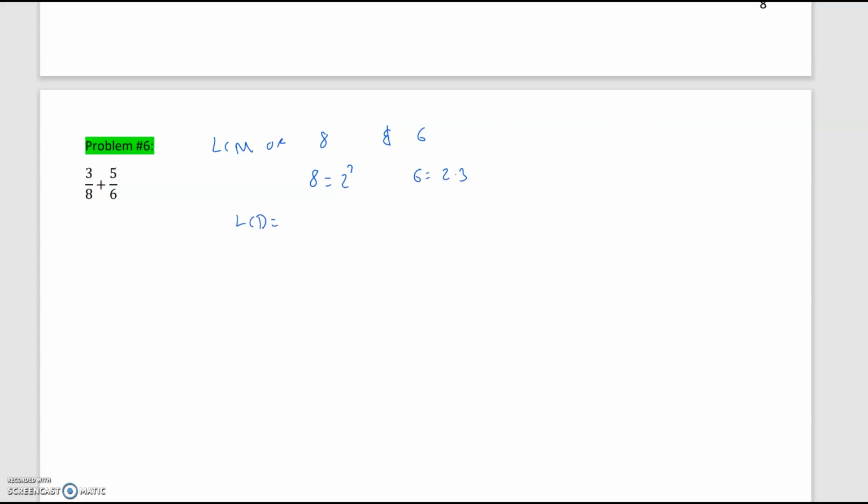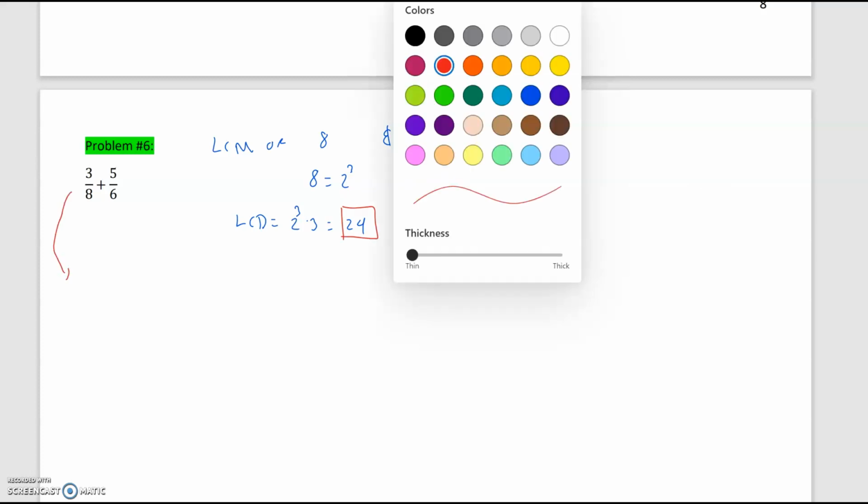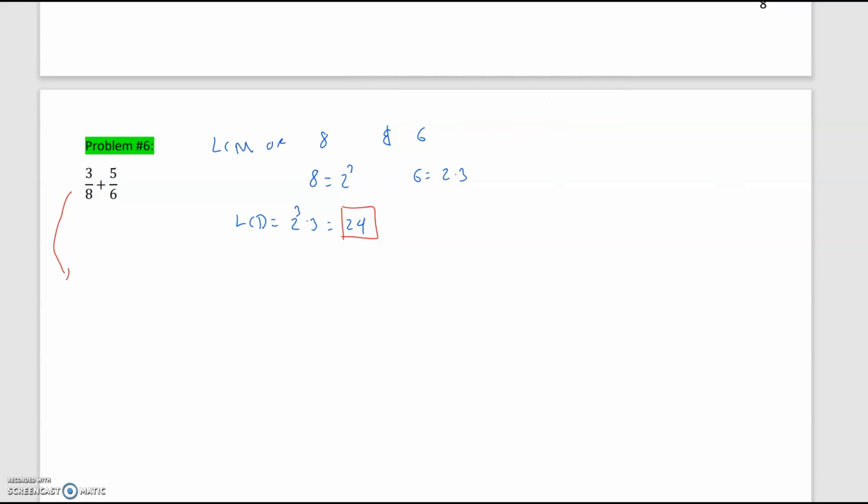So your LCD is going to have a 2 to the third times 3, or 8 times 3, which is equal to 24. Okay, and in the next step, we're going to have to put a 24 at the bottom of each of the fractions. So this is equal to 3 eighths plus 5 sixths.